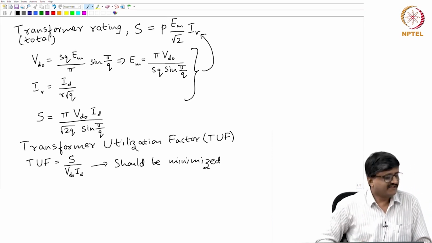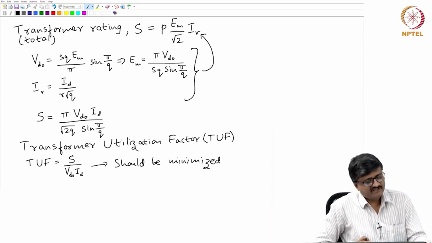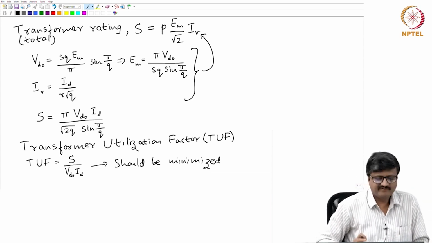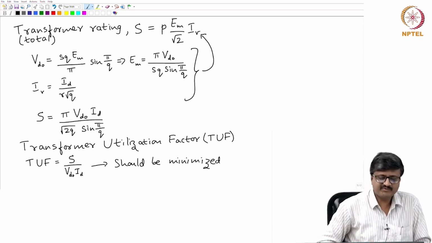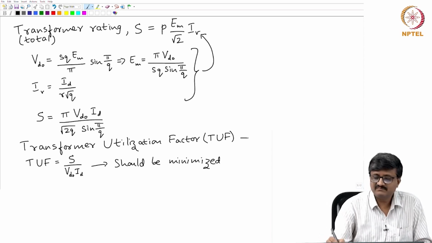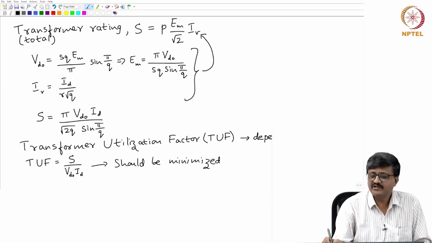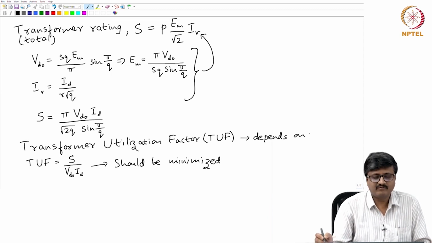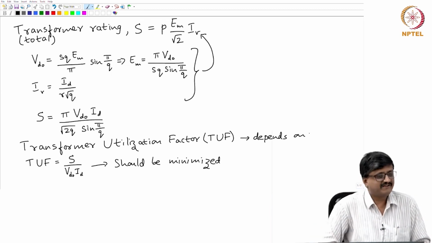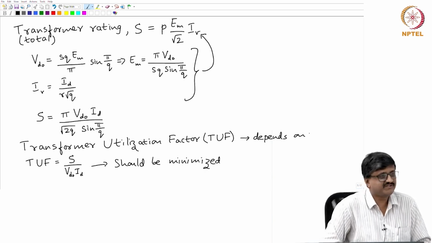So, there are two figures of merit which need to be considered. If you look at this figure of merit, it depends only on what? I didn't do the substitution. Can you do the substitution and quickly say what is the expression for TUF?